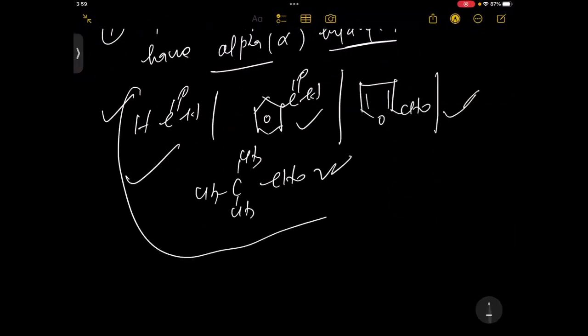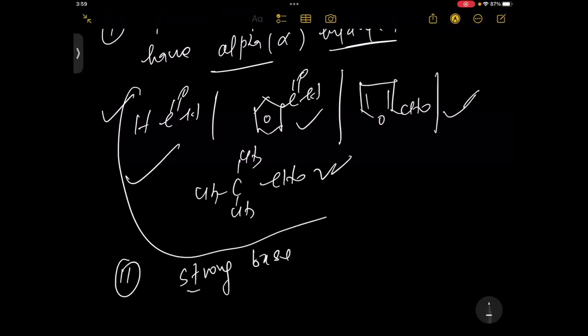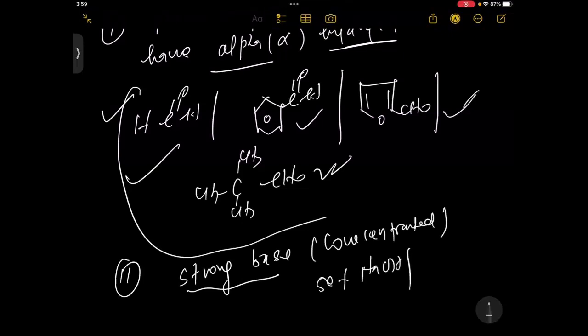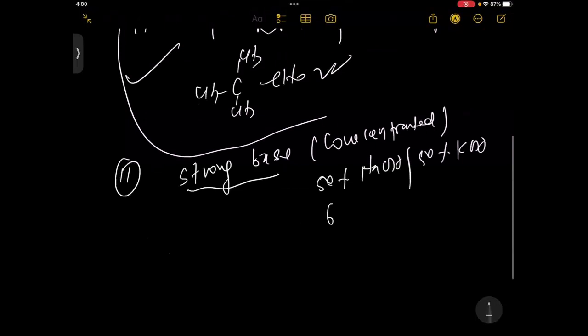Now, the second point is a strong base, meaning concentrated base. We'll take either 50% NaOH or 50% KOH, or even you can take 60% NaOH.